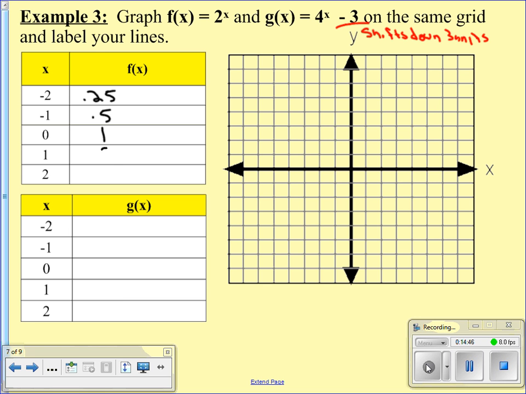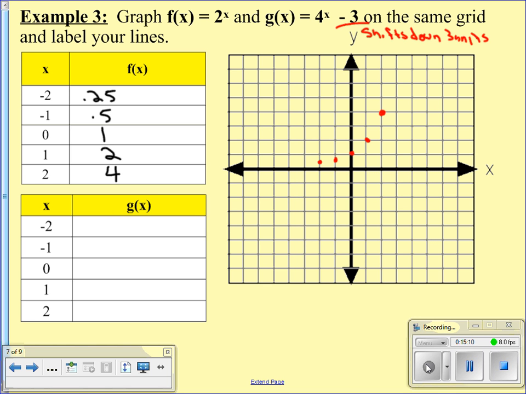At 1 it's 2, and at 2 it's 4. So I'm going to graph that equation. So -2 is 0.25. -1 is 0.5. 0 is 1, 1 is 2, and 2 is 4.